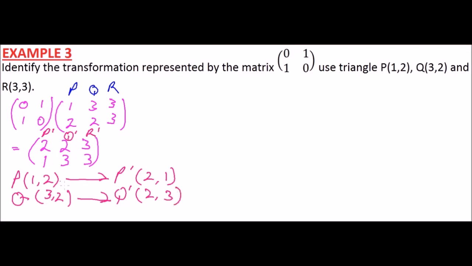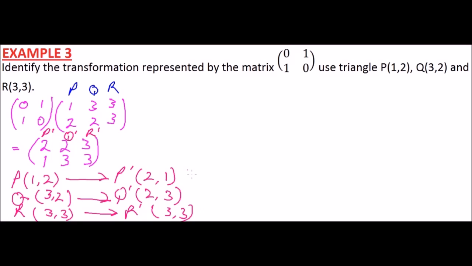And finally we have our R, whose coordinates are 3, 3. It has been transformed to R prime, which has coordinates 3, 3.